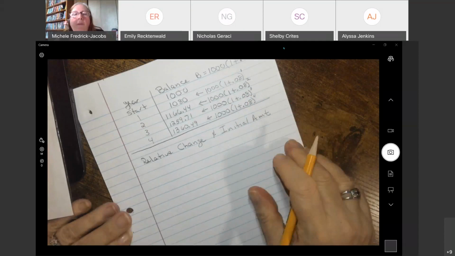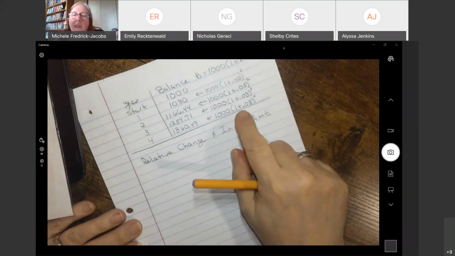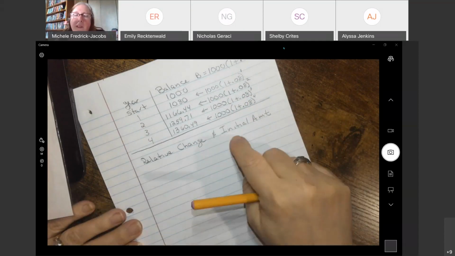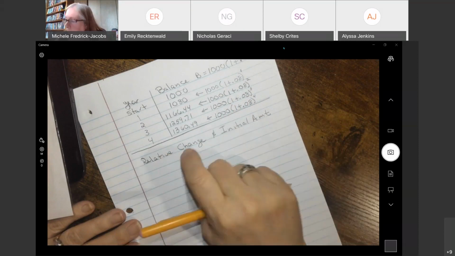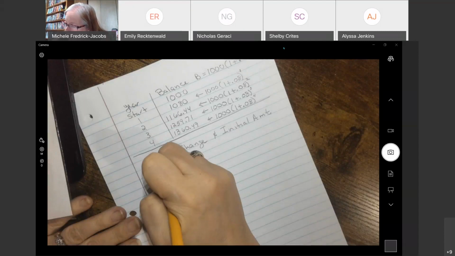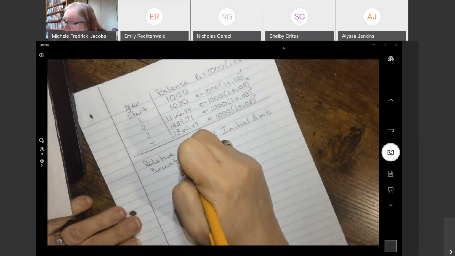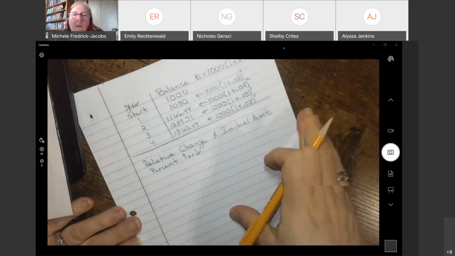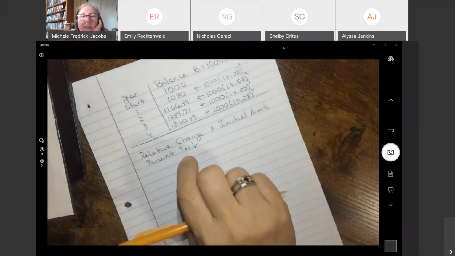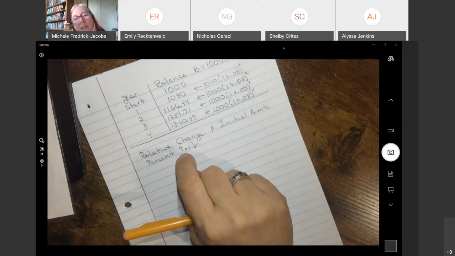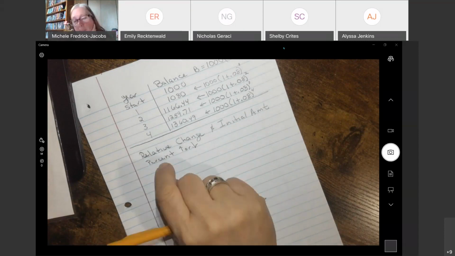It's important to be able to, when given the equation, find the relative change in the initial amount. And when you're giving the relative change, you give the percent, and whether it's increasing or decreasing. So on the homework, make sure when you're asked for the relative change, you give whether it's increasing or decreasing and the percent.